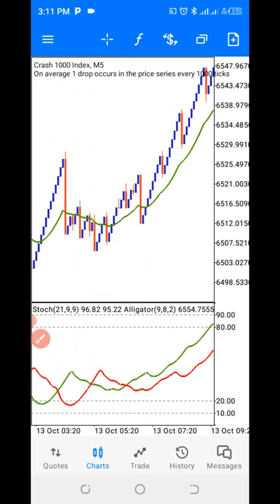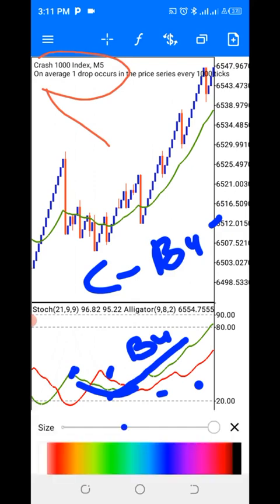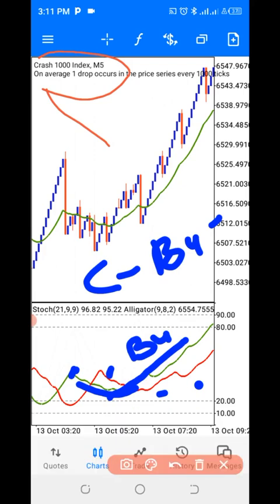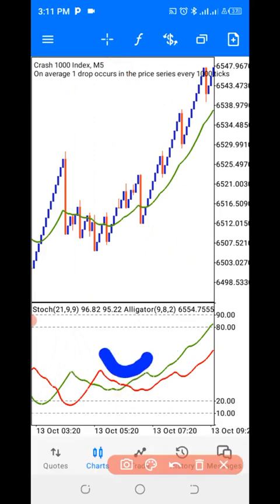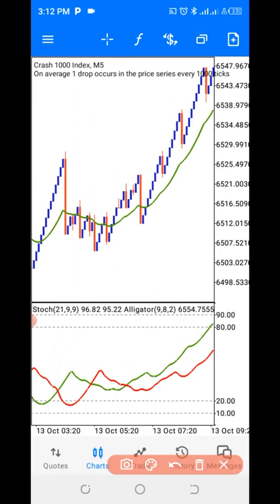So once the green moving average crosses, we'll be waiting for the green moving average to cross the red upward for Crash 1000.